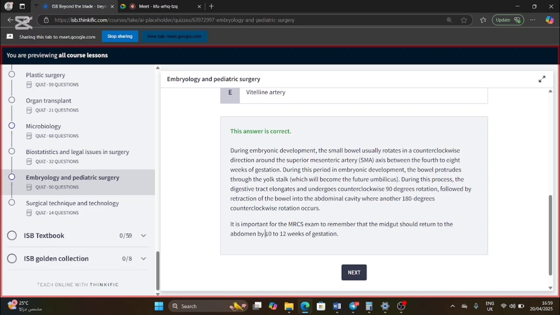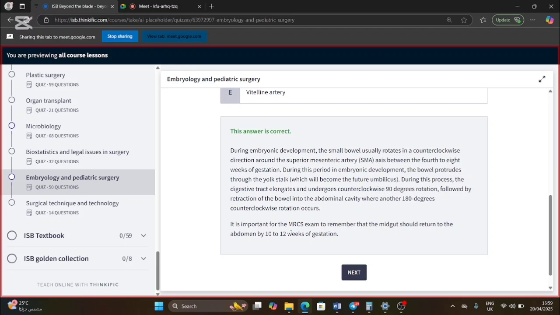That's so important. Okay. So if there is failure of return, so that it does not completely return, what's the resulting problem? Gastroschisis. No. Gastroschisis is an actual defect. Meckel's diverticulum.